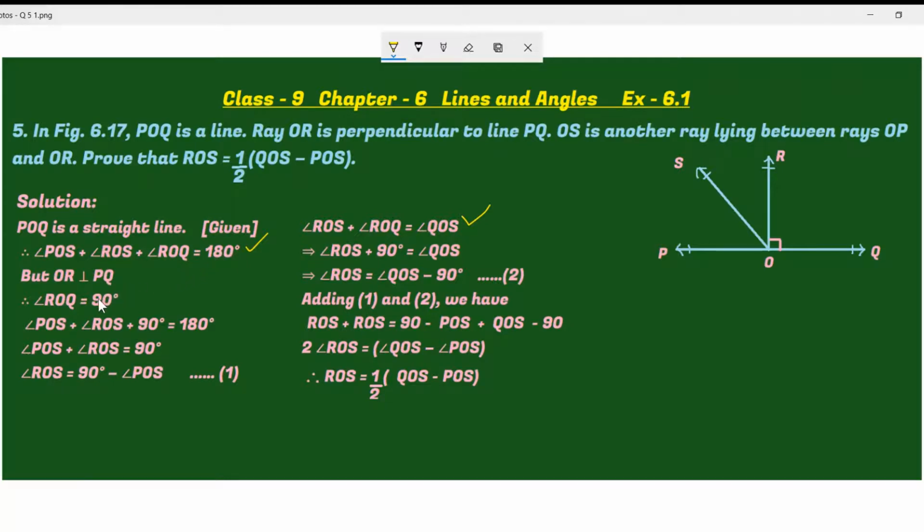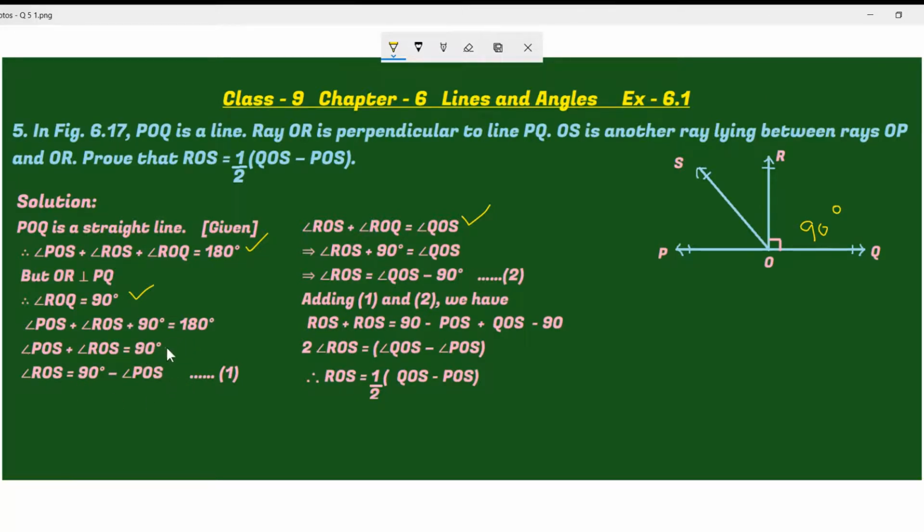But in the question they have given that OR is perpendicular to PQ, so ROQ is 90 degrees. I substitute this value, and I get POS plus ROS plus 90 is equal to 180 degrees.